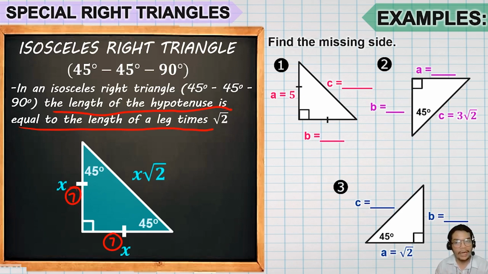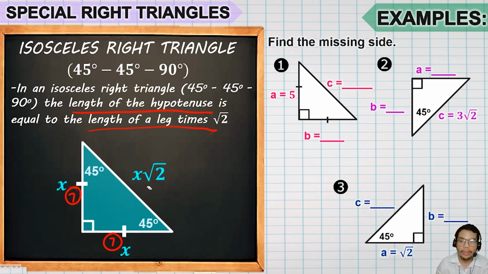Dito hindi mo na kailangan kasi meron special properties yung mga sides ng triangle na to, especially the isosceles right triangle. So in this case, all you need to do, 'di ba? Sabi yan, yung length daw ng hypotenuse, equivalent lang ito sa length ng leg times square root of 2. So measurement of the legs will be x, and therefore you just multiply square root of 2 from it, you'll get x square root of 2.